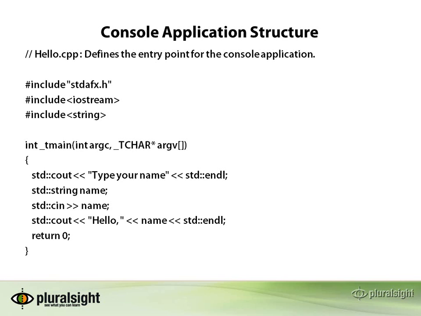You can see that we have comments, we're including header files. We're defining our main function, which is what Windows will launch for us when we run the application. We're putting something on standard output using the console output capability of the standard library. We're working with string from the standard library, and we're getting information from console input, again using part of the standard library.